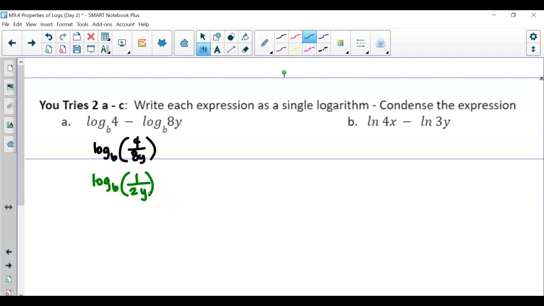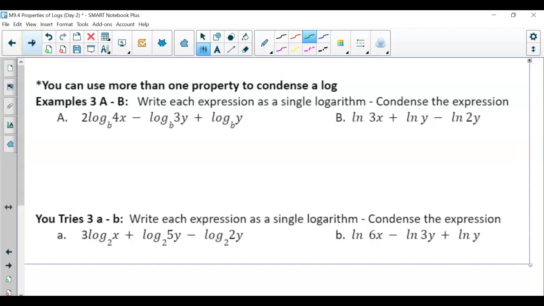So 1 over 2y. Then here is the natural log, and because of subtraction, we are dividing 4x divided by 3y. Now notice nothing can be simplified, so this is our expression condensed.